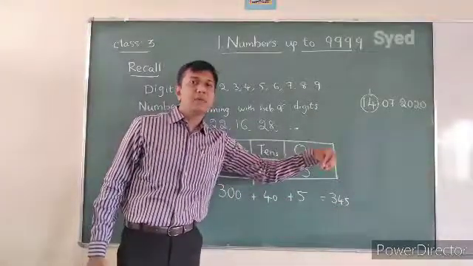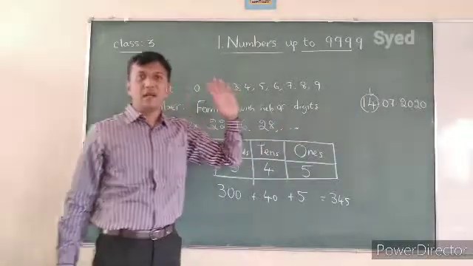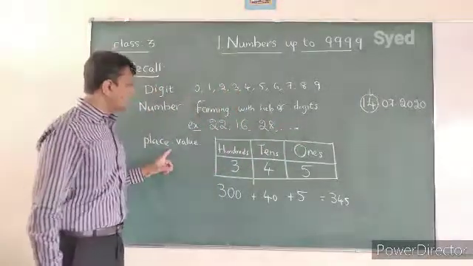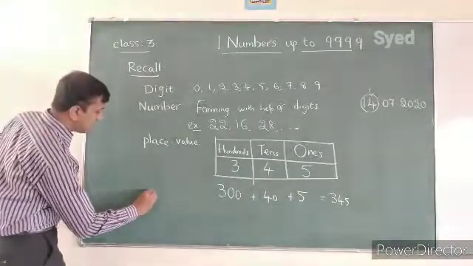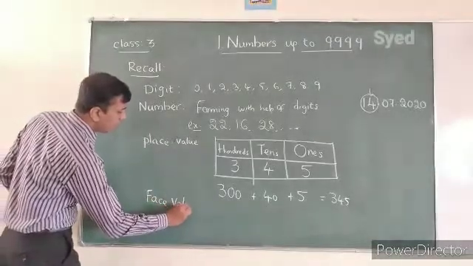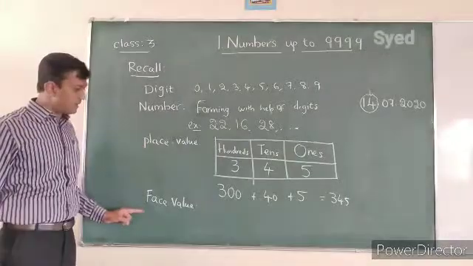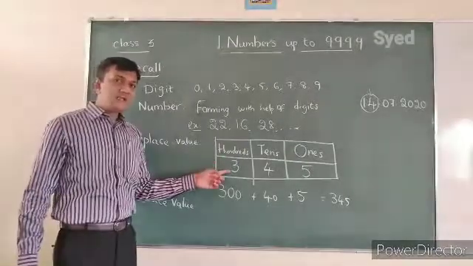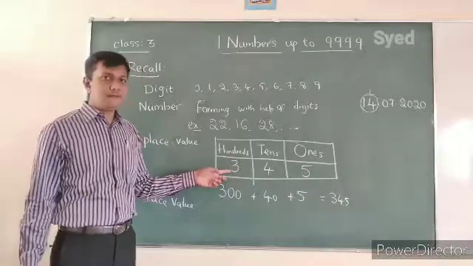We have to name it in words, 345. So this is the place value we have. And face value. What is the face value? Place value, face value. What is the face value of 3 here? 3 itself.